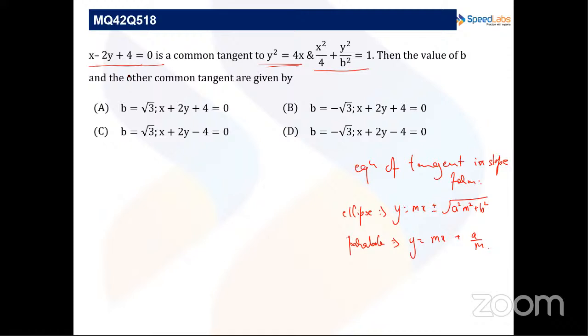Since this is a common tangent, let's rewrite it in this form. So we will get y equals 1 by 2 x plus 2. Now when you compare it, you will get m equals 1 by 2 here.